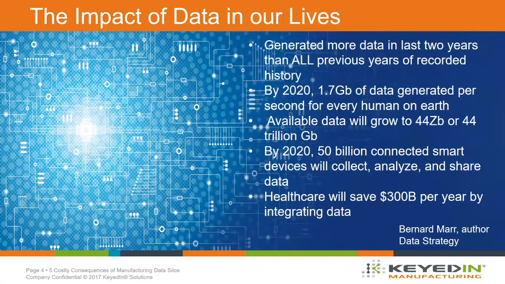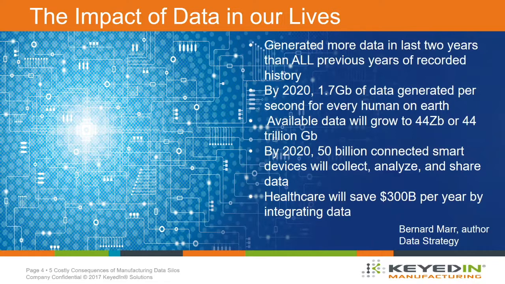A zettabyte, for your reference, is 1 trillion gigabytes. In addition, we're going to live in a much more connected space. It's predicted by 2020 that we will have over 50 billion smart devices that are going to be collecting, analyzing, and sharing data with us.